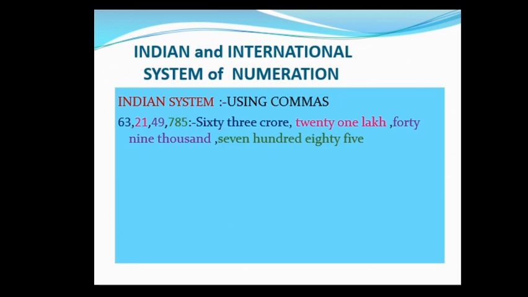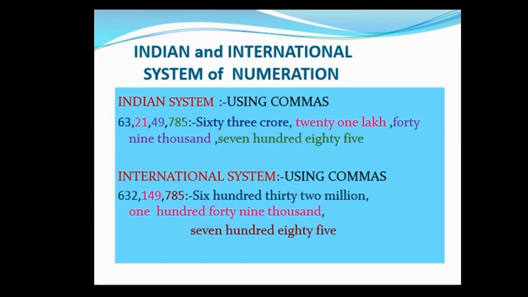Now the Indian system and international system of numeration. How can we put the commas in the Indian system and the international system? So see here, for example, 63 crore 21 lakh 49,785. So put the comma after 3 digits, then put the comma after 2 digits, then put the comma after 2 digits.